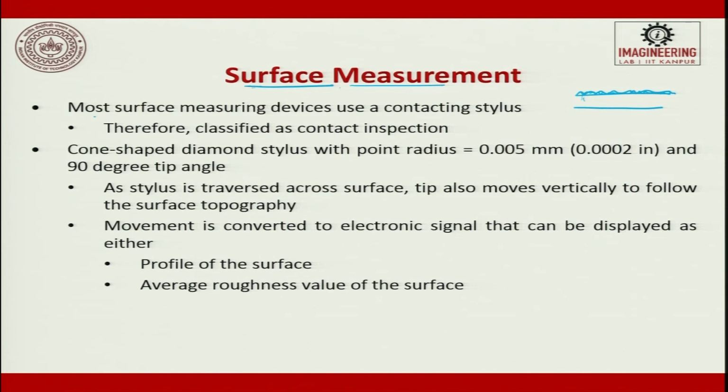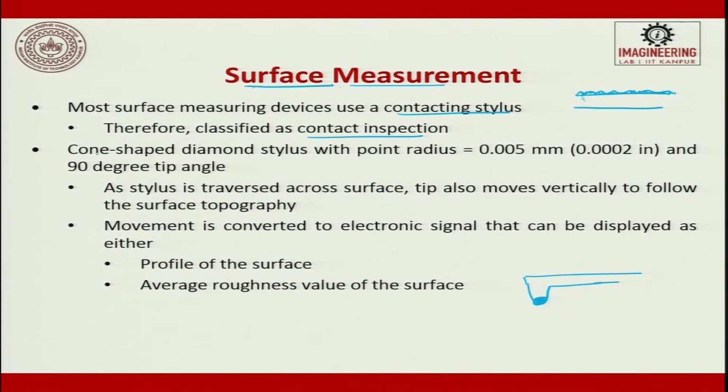Most surface measuring devices use a contacting stylus. Therefore, they are classified under contact inspection. Here also, when you try to make contact, you will have a probe, and in the bottom portion of that probe you will have a stylus ball.